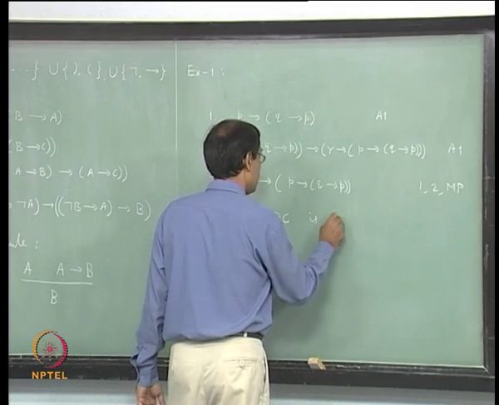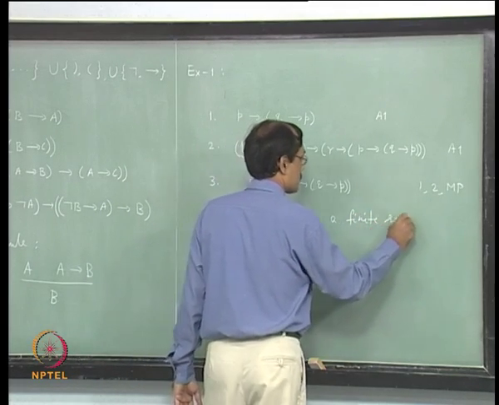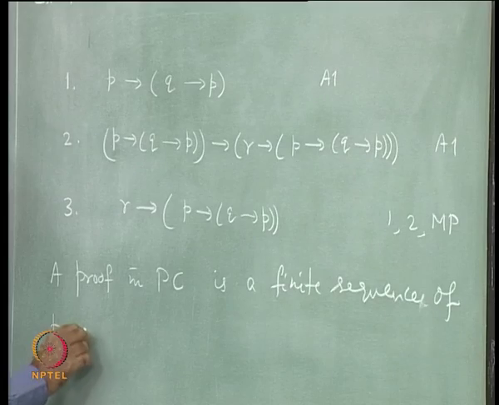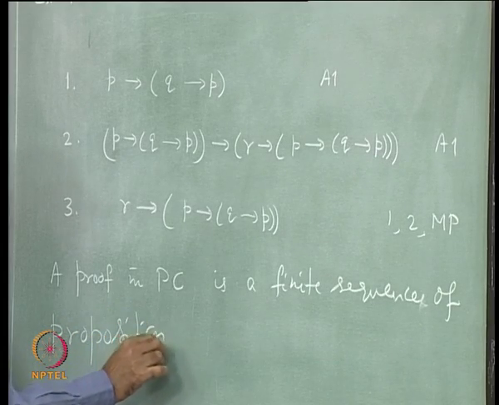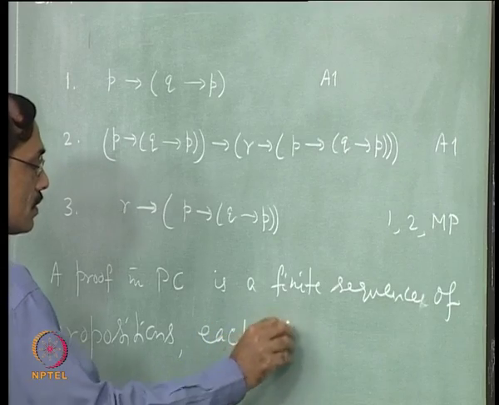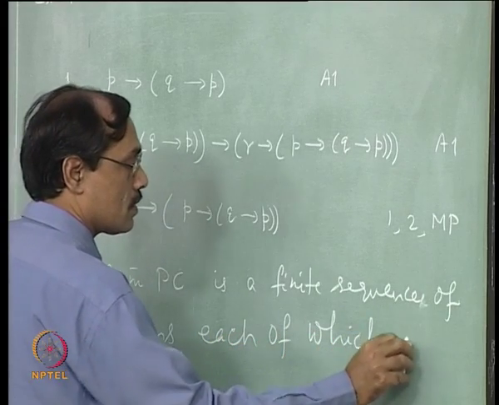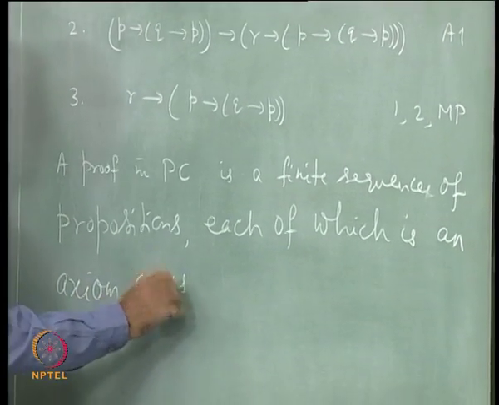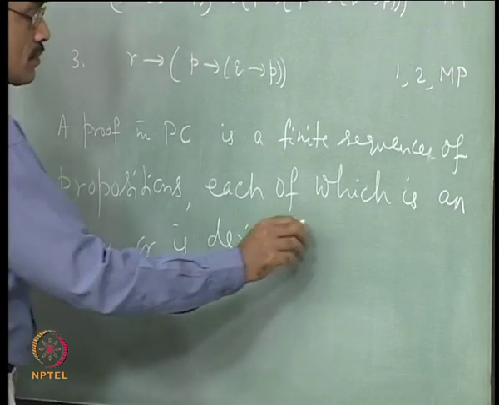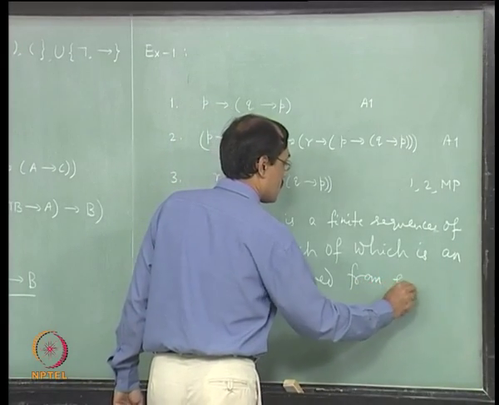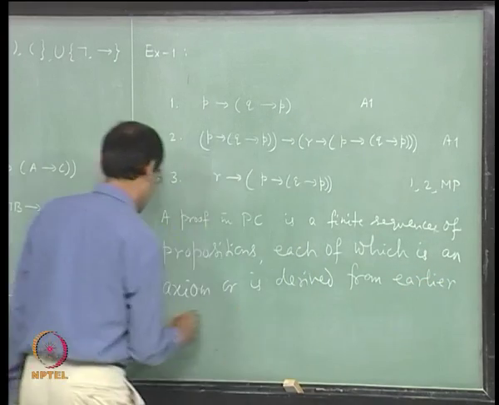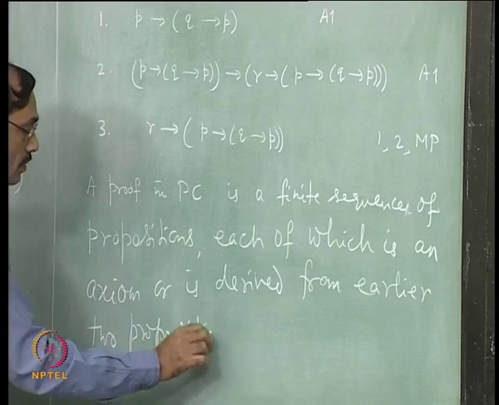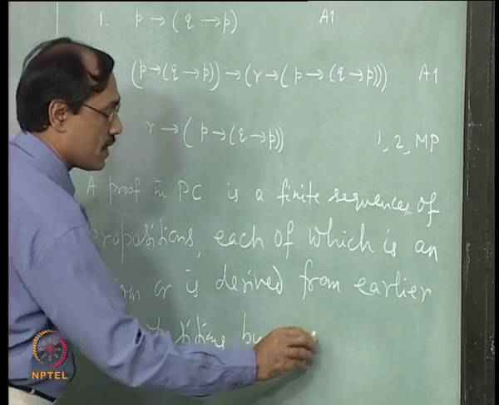A proof in PC is a finite sequence of propositions each of which is an axiom or is derived from earlier two propositions by an application of MP.